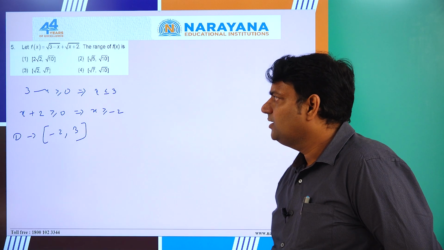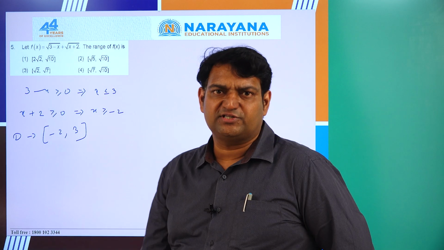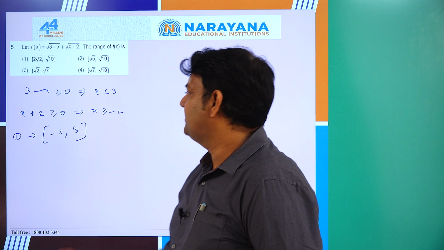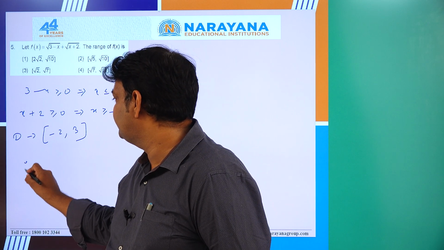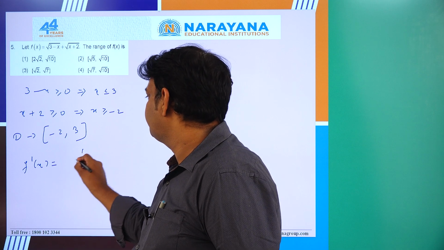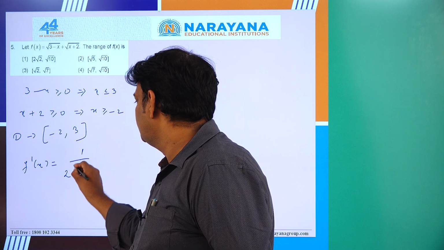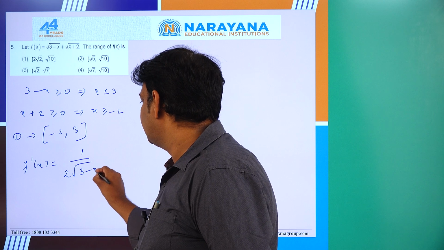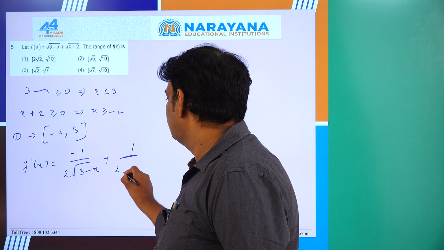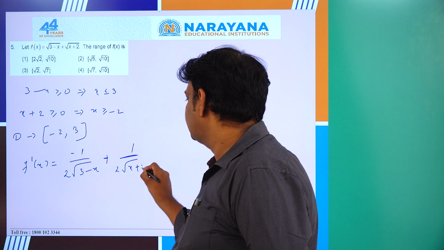Now obviously the root's least value is what? 0. So we will check at the endpoints, as well as for maximum and minimum we will go with the differentiation. What is f dash x? 1 by 2 root 3 minus x with minus sign plus 1 by 2 root of x plus 2.